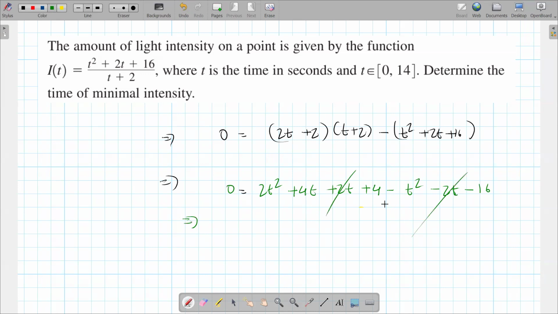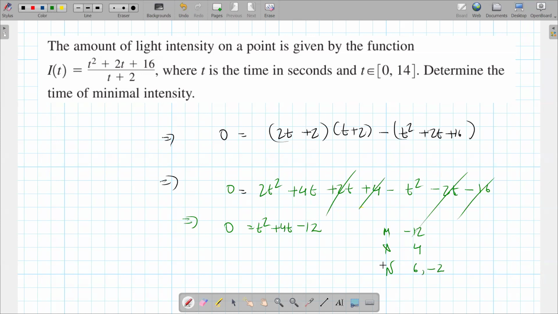2t, 2t gone. 4 minus 16, -12. 2t squared minus t squared plus 4t. Two numbers that multiply to -12 and add to 4. 6 and -2.